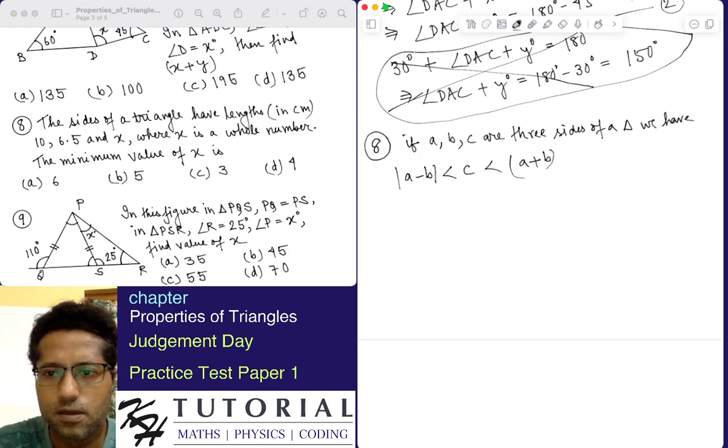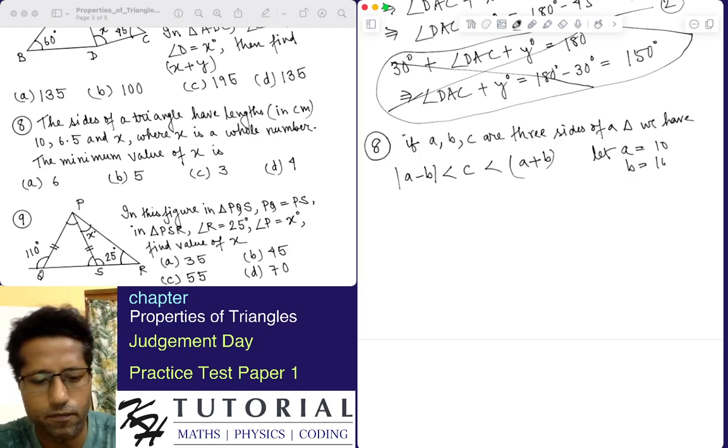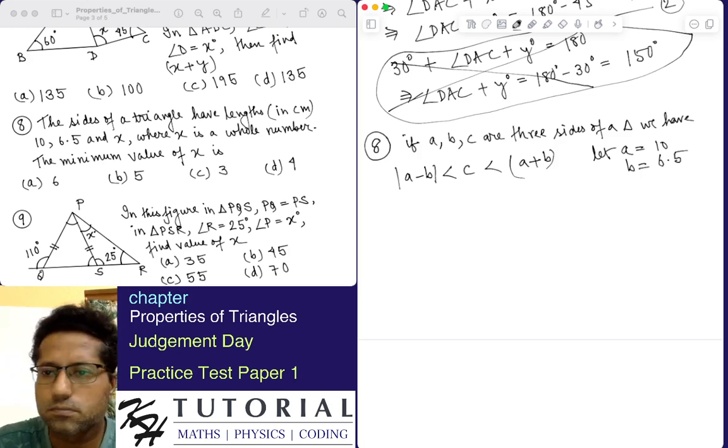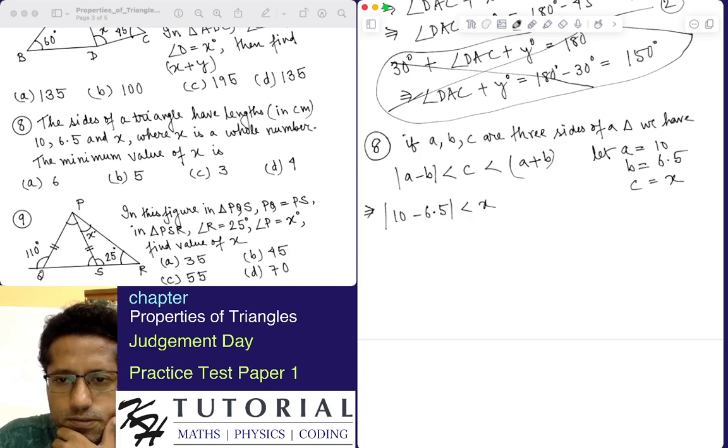We must have this, and for this problem let A equal 10, B equal 6.5, and let C equal X. So this implies we must have mod of 10 minus 6.5 less than X less than A plus B, that is 16.5.